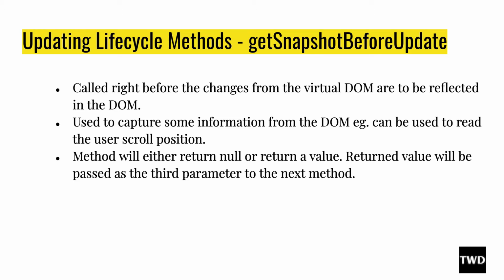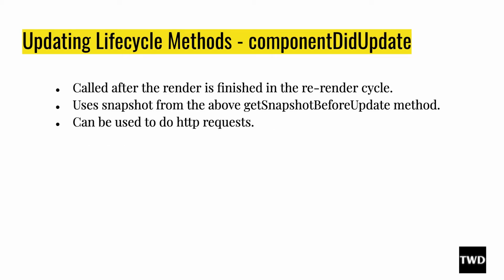This method will either return null or a value, and the returned value will be passed as a third parameter to the next method, which we will see in the code. The next method, and a very important method, is componentDidUpdate, called after the render is finished in that re-render cycle.